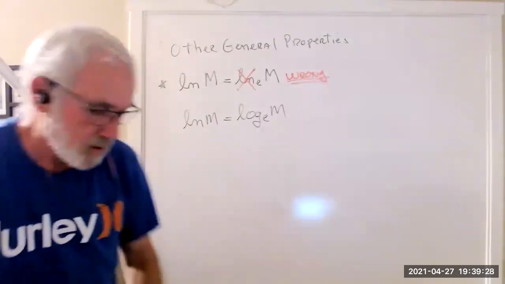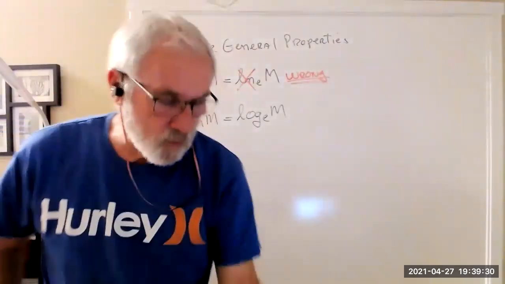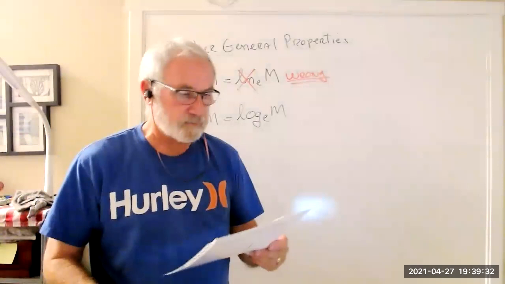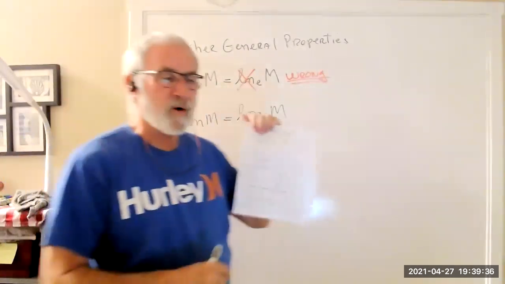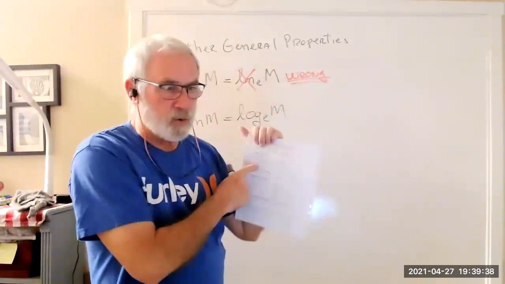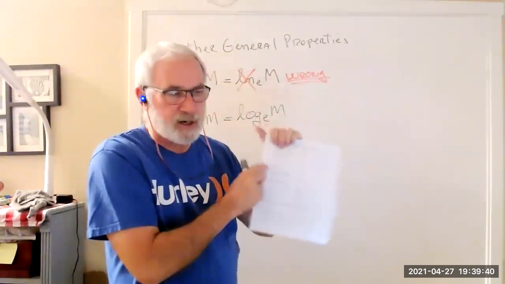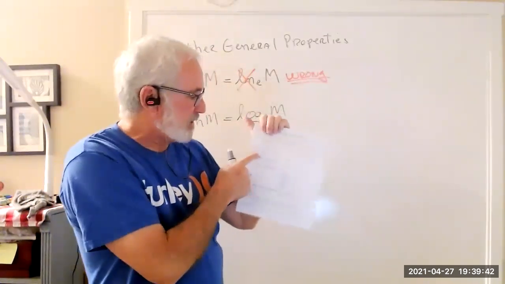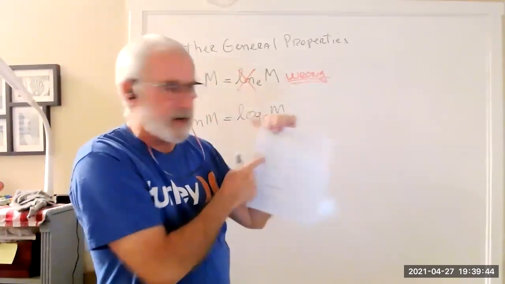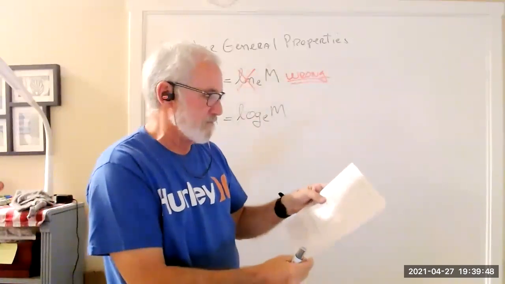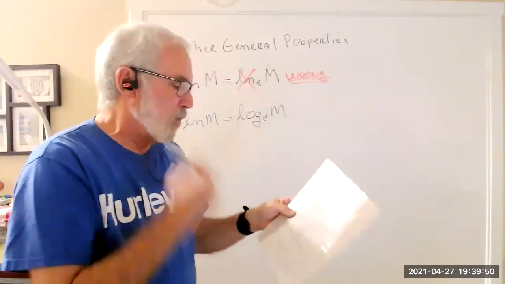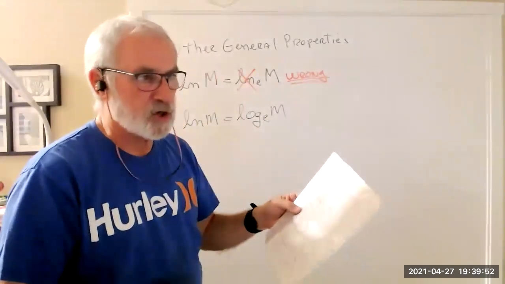Okay, so if you look at this handout, we've already talked about the power rule. I know you can't see it, but if you print it out, it'd be great. On the left-hand side, third one down, it says the power rule. We've already talked about that. We actually have talked about the change of base rule.